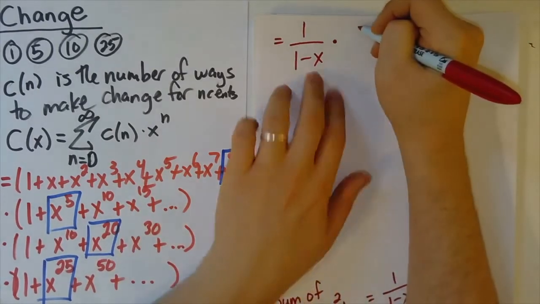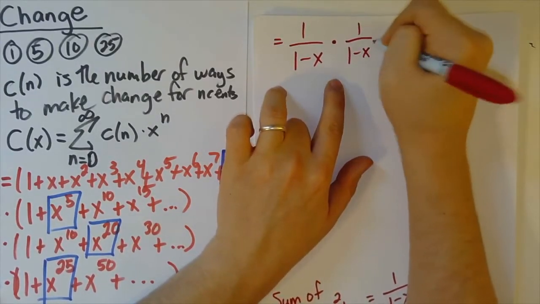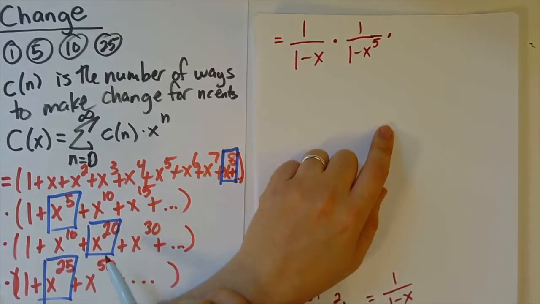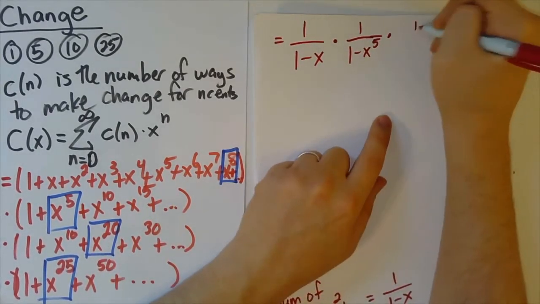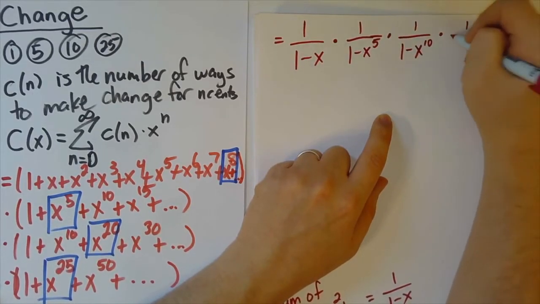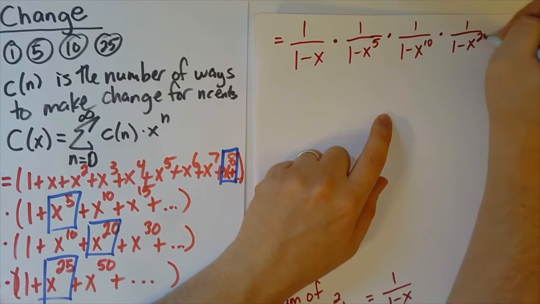So that'll be 1 over 1 minus x to the 5th. Okay, and then this one has x to the 10th, times 1 over 1 minus x to the 25th.